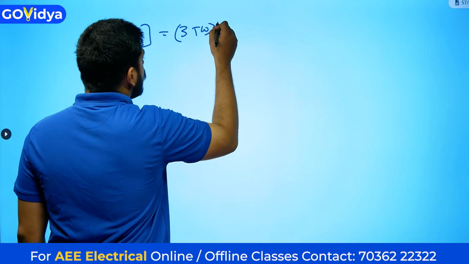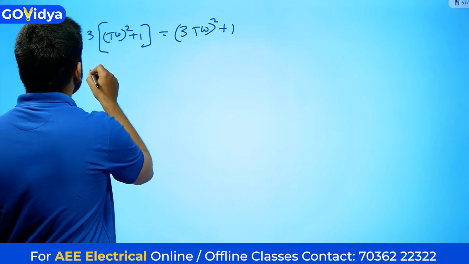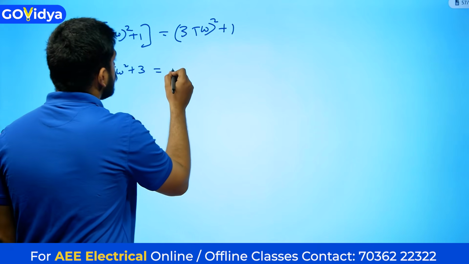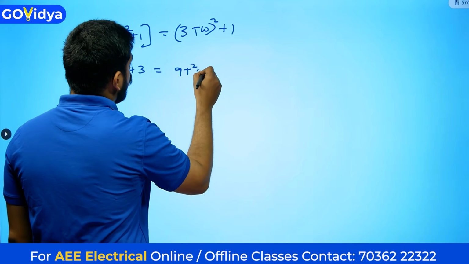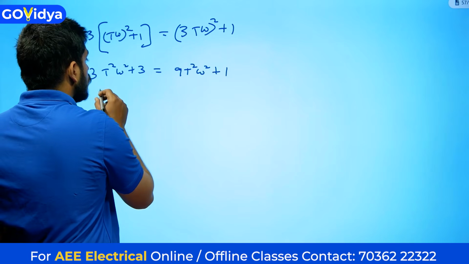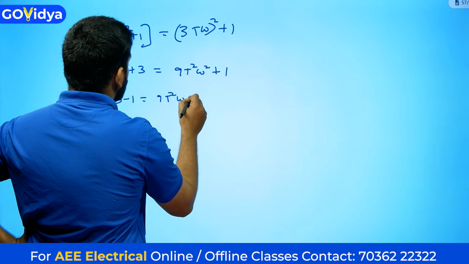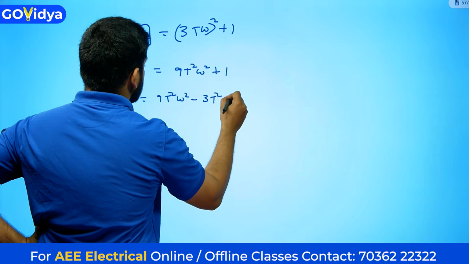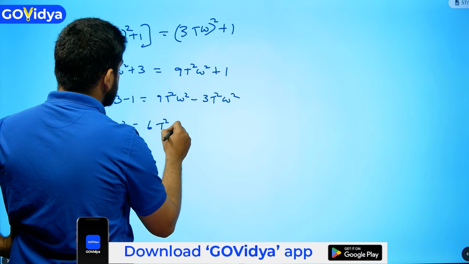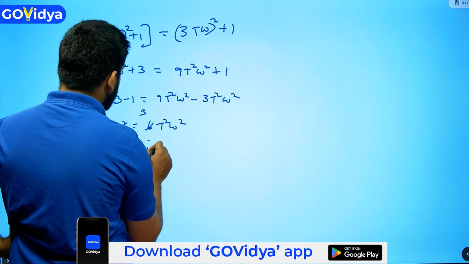Let us resolve this. 3t square omega square plus 3 is equal to 9t square omega square plus 1. Sending this to that side, 3 minus 1 is equal to 9t square omega square minus 3t square omega square. So 2 is equal to 6t square omega square. We get t square omega square is equal to 1 by 3.